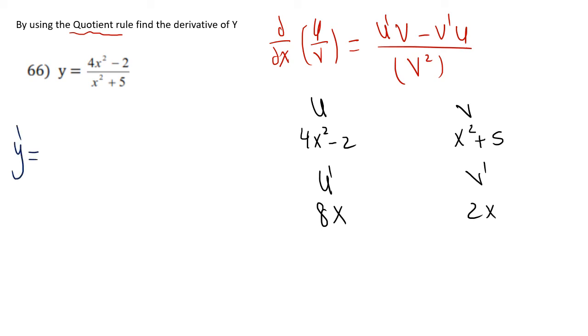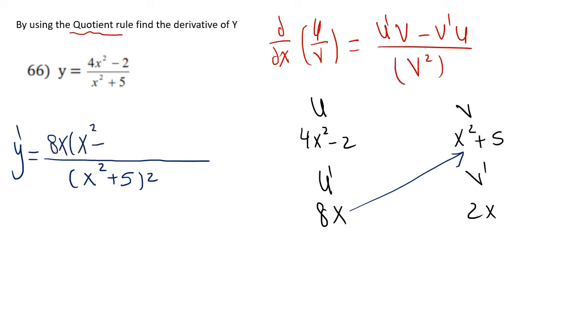So y prime is equal to the square of the denominator, then u prime times v, so it's 8x multiplied by (x squared plus 5), minus v prime by u.